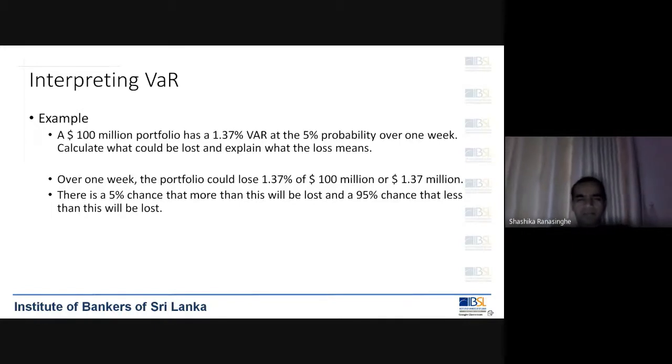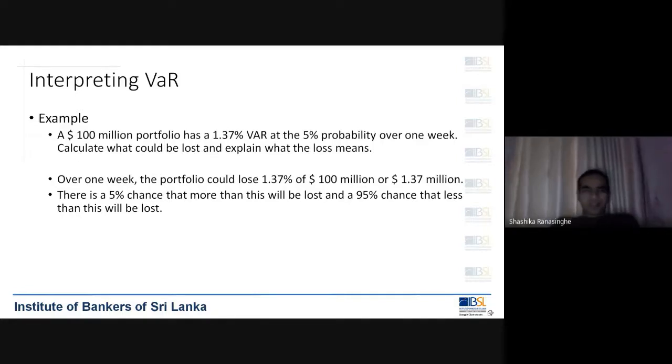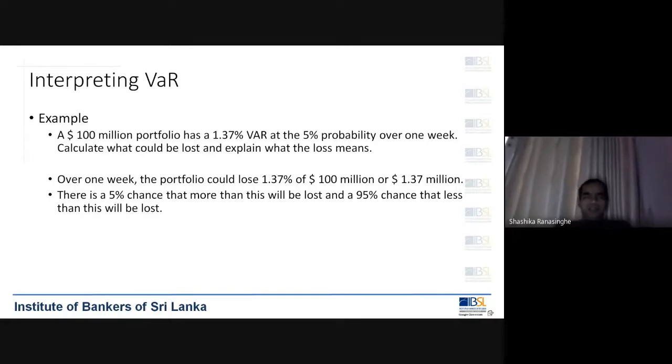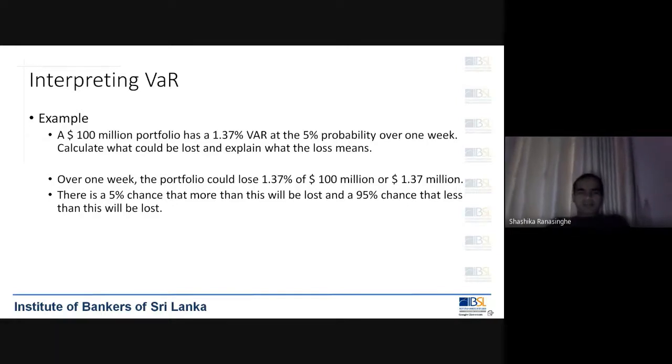What would be your answer? Same thing that we were discussing. If you all remember that principle, then it's fine. So at 5% probability, what is value at risk?